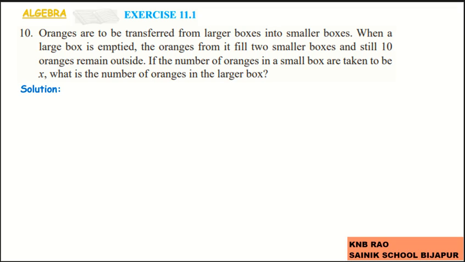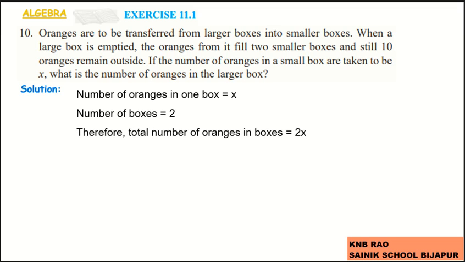Okay. If the number of oranges in a smaller box is taken to be x, then what is the number of oranges in a larger box? Number of oranges in one small box is x, number of boxes 2.